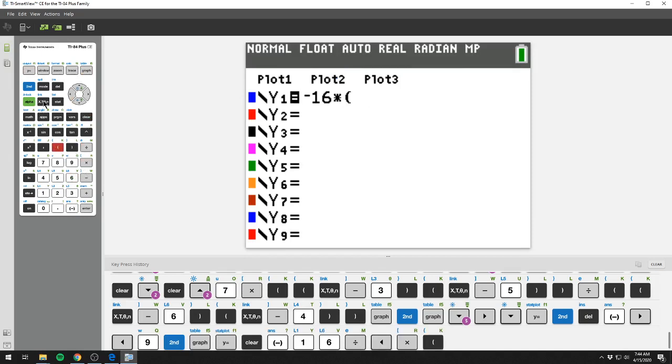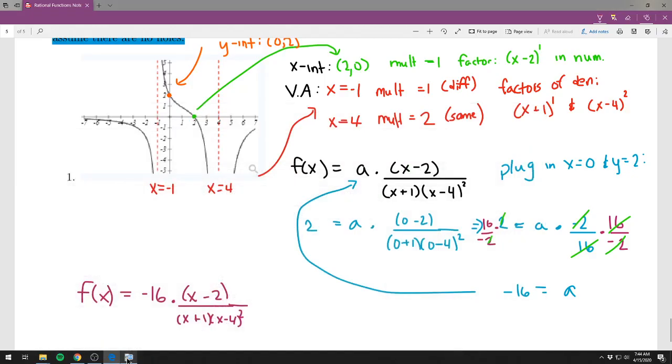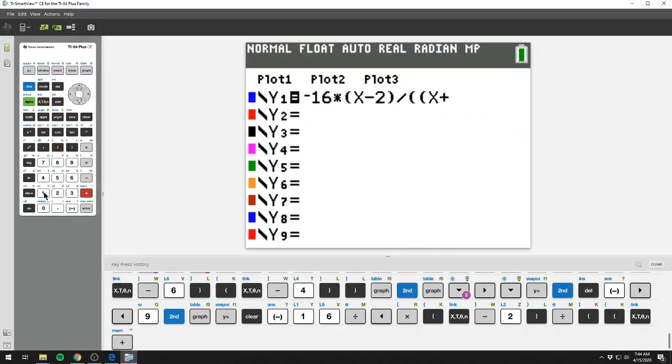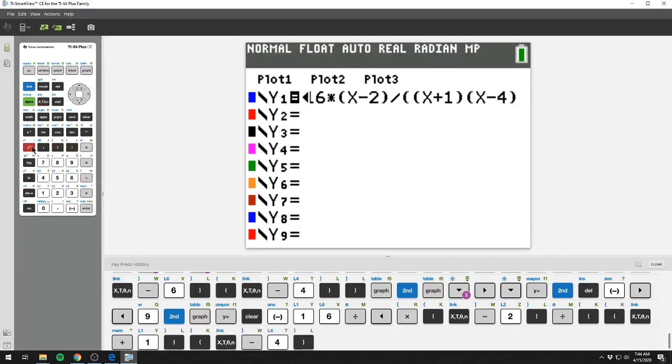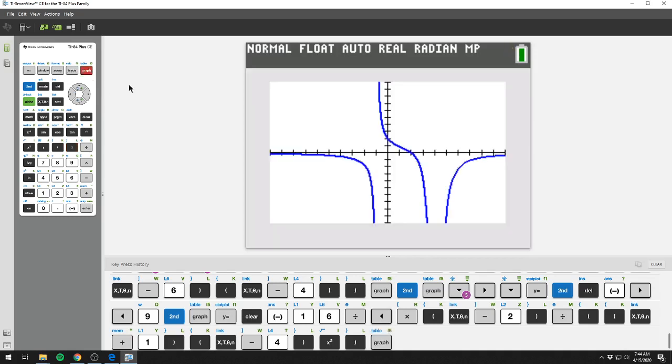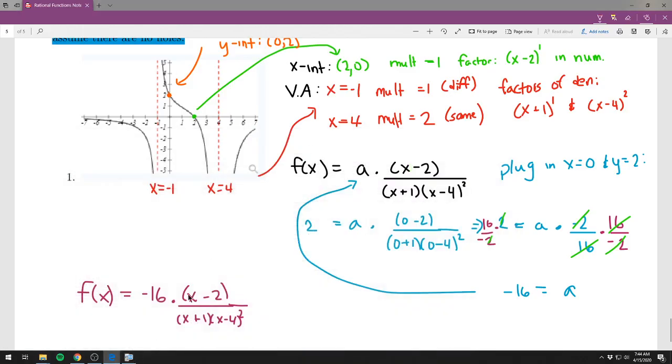On top we had x minus 2 divided by the bottom, we had on the bottom x plus 1 times x minus 4 squared. Go ahead and hit graph. Our vertical asymptotes are at negative 1 and 4. Right, just to compare, that works out.